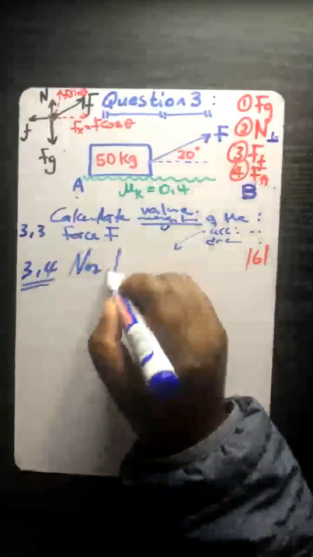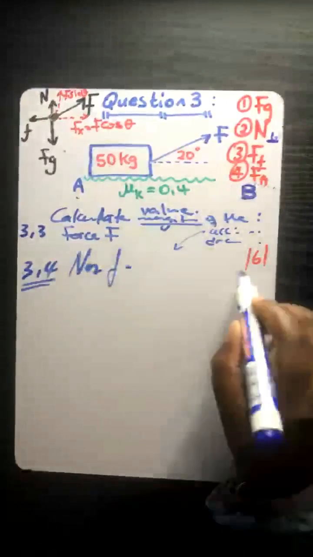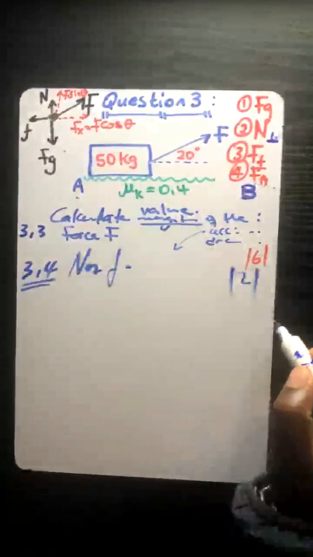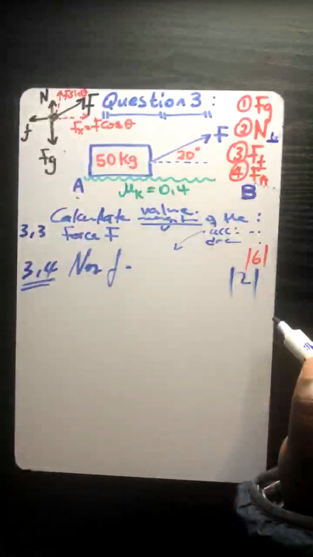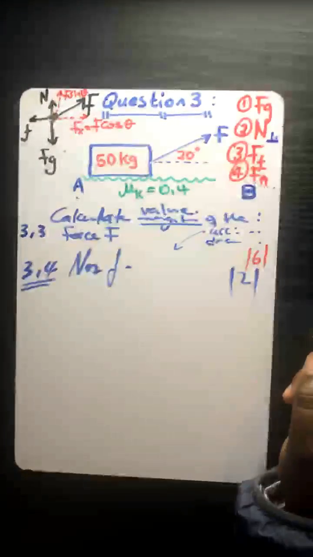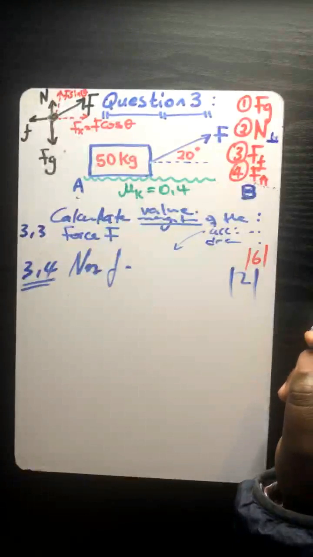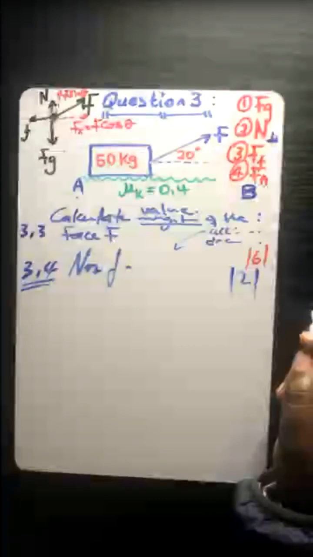So 3.4, they want you to calculate the normal force. I think it's going to be easy. This one is allocated 2 marks. It's easy to calculate the normal force because you obviously know what the formula is. You can still derive it from what we have done: we have normal force going up with F sin of an angle, which balances with mg.